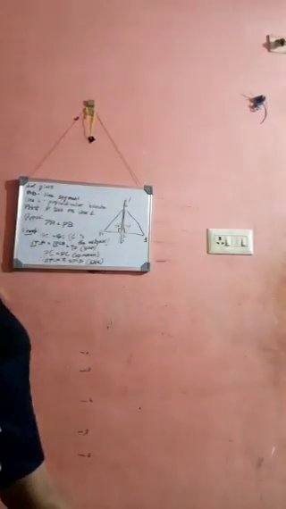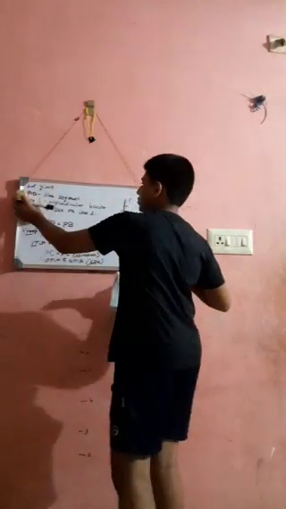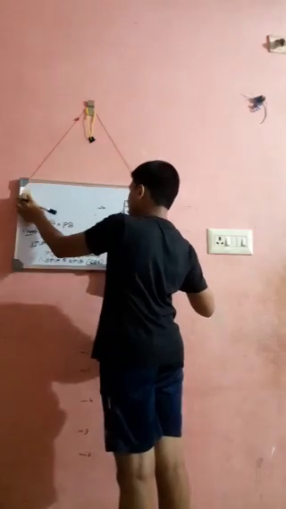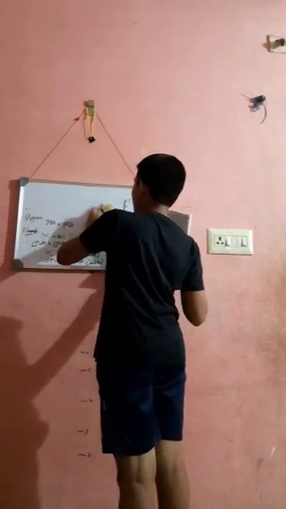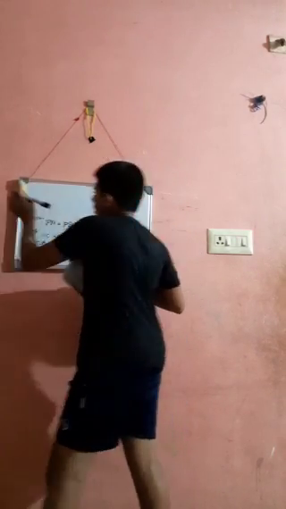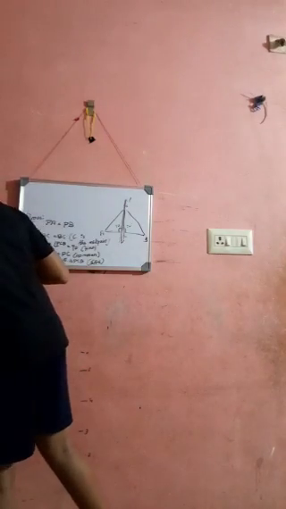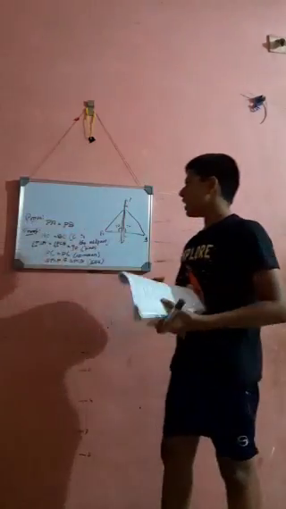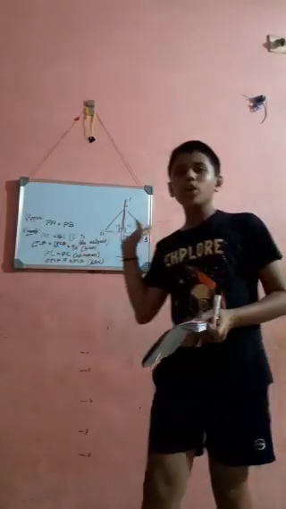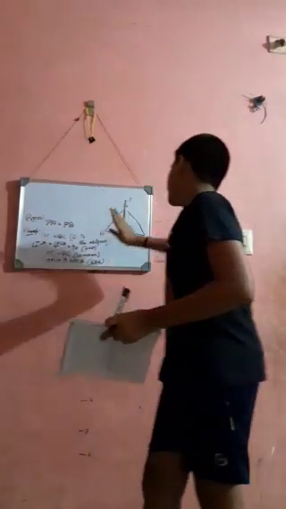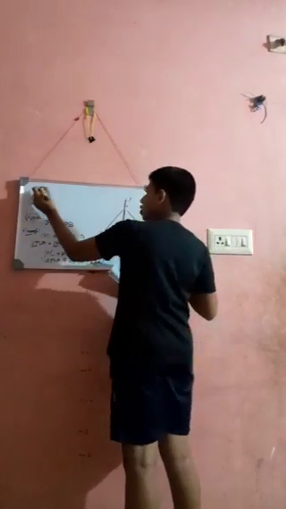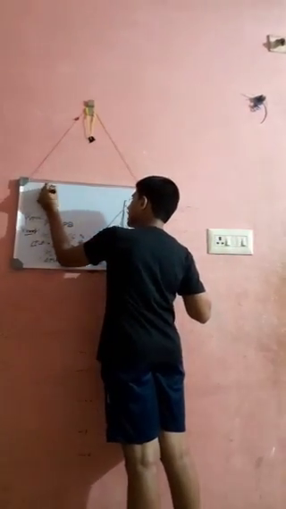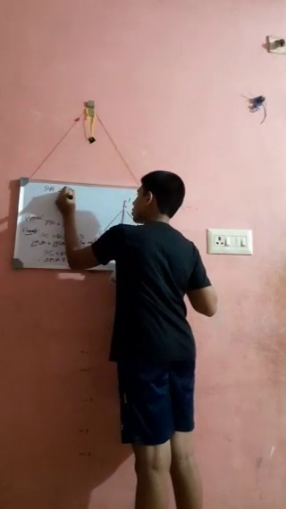And another question is there. We need to prove that P is equidistant from A and B, means PA is equal to PB. First we need to prove the congruence rule. Then we need to prove PA is equal to PB. Therefore, PA is equal to PB.